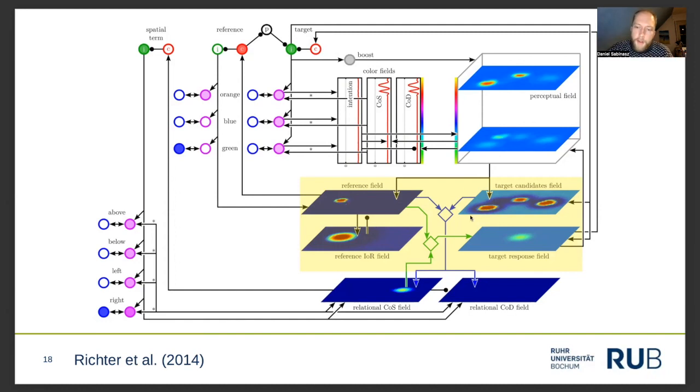And what's new here is that the target candidates field may have multiple peaks, but that's just a minor detail. That's just the assumption that there can always be multiple target objects, all of which should simultaneously be compared to the spatial template.